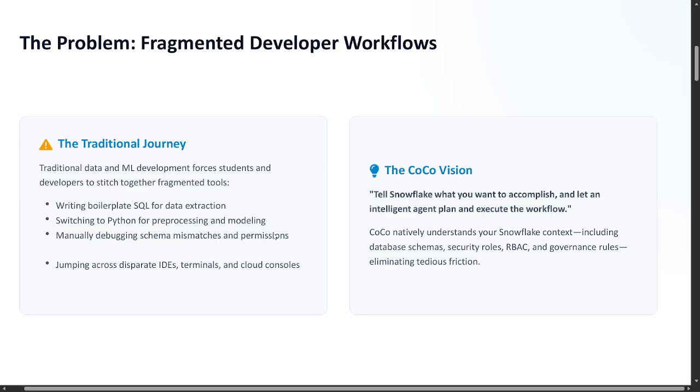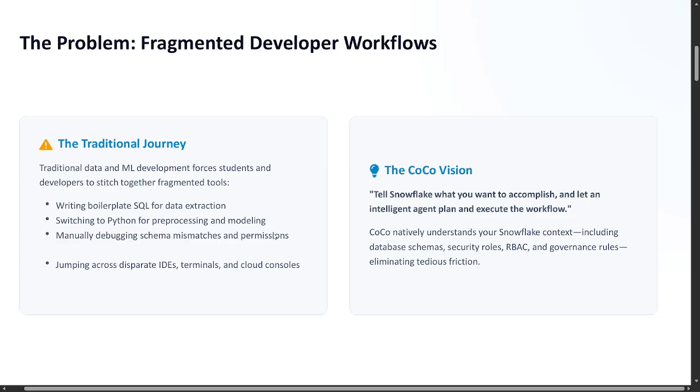You start by writing the boilerplate SQL for the data extraction, switch over to Python for pre-processing and modeling, spend hours manually debugging schema mismatches or permission issues, and jump between multiple IDEs, terminals, and cloud consoles. So what was happening? It was a very slow and fragmented process.